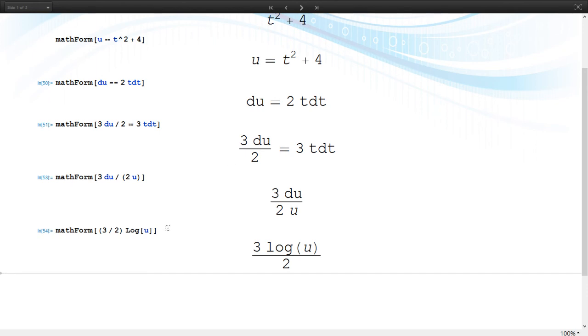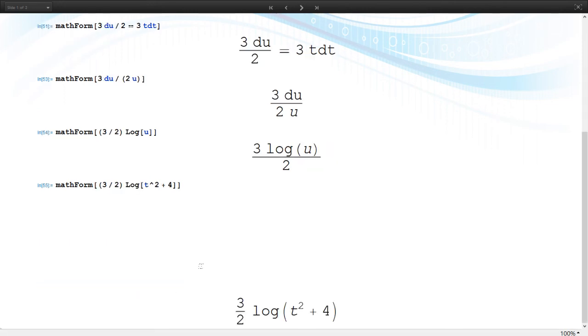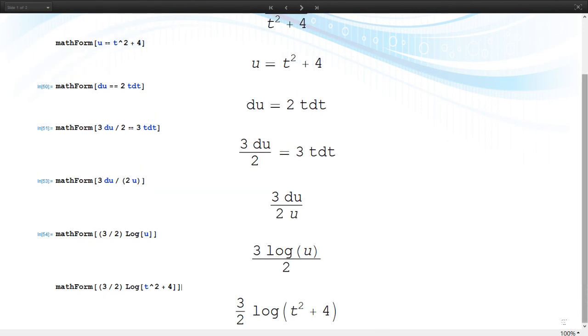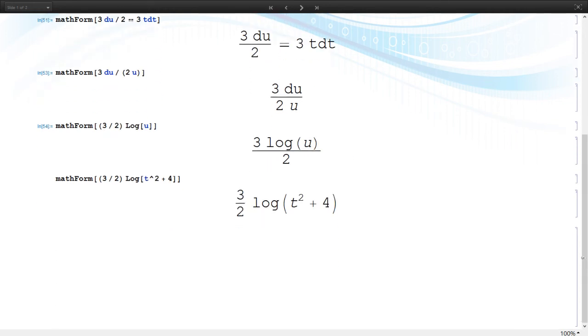So we go back to our t's. We get this, and so this is our antiderivative in terms of t. And then to evaluate the integral, we just have to plug in 2 and plug in 1. Those were the limits of our original integral.